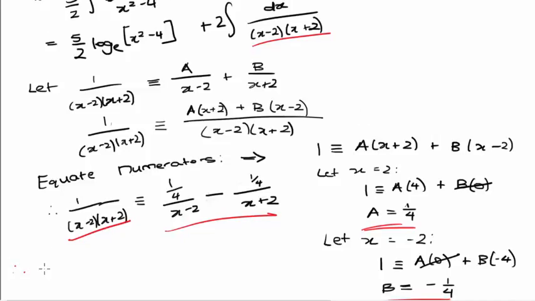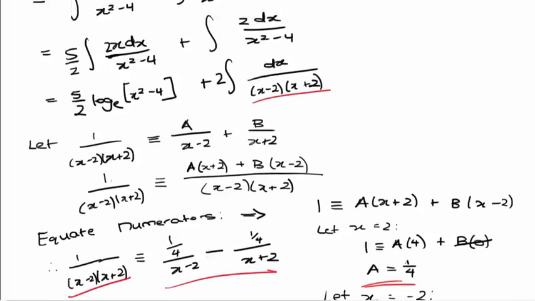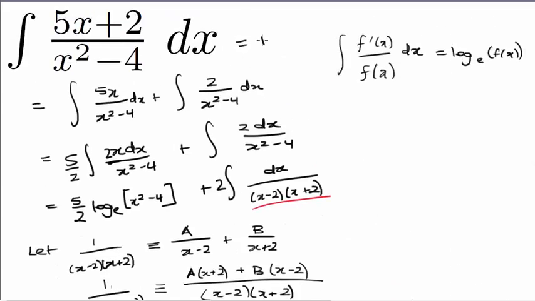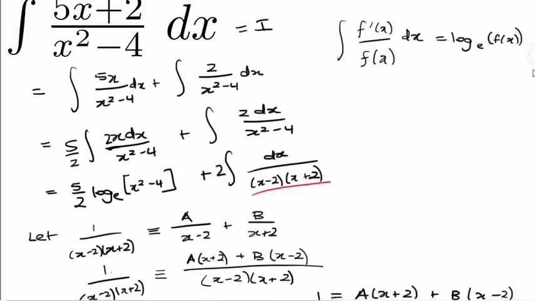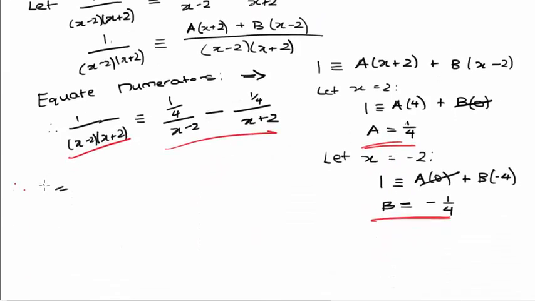So therefore, our initial integral, let's call it I, so it's just easier to write. Let's call this integral I. So our integral I is equal to the natural log of, I believe it was x squared minus 4.